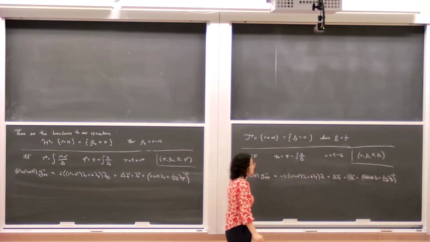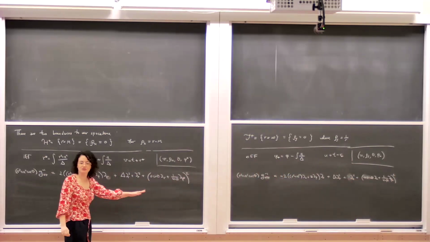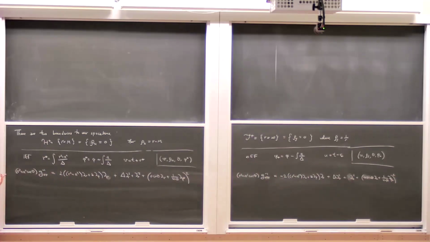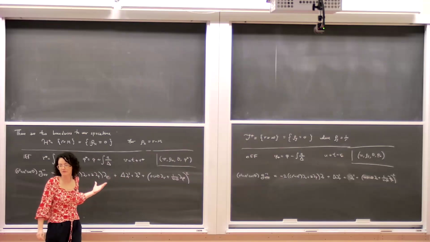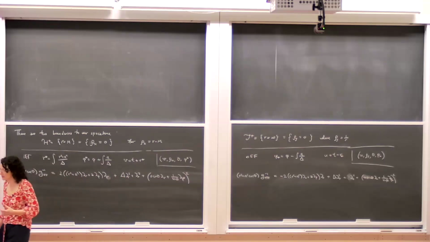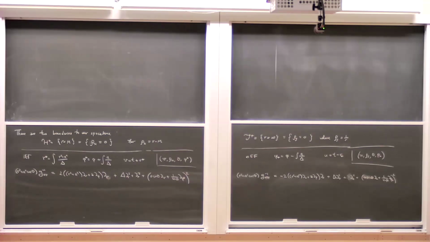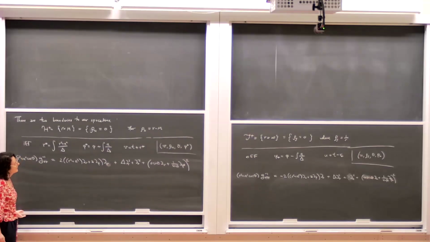Okay, so this is really just to explicitly show that these two coordinate systems, adapted to the two boundaries of my spacetime, look very similar to each other. So there is this event horizon and null infinity, and they are a little bit symmetric.